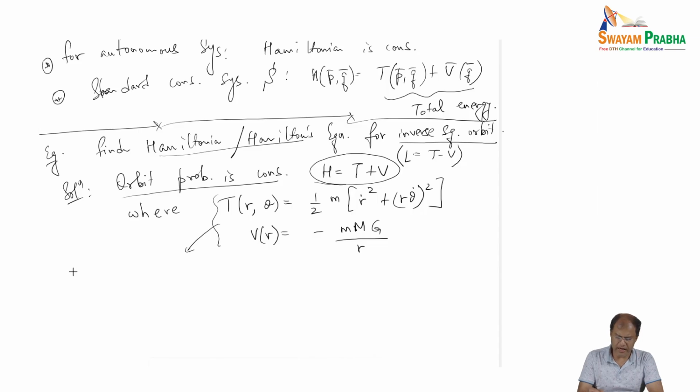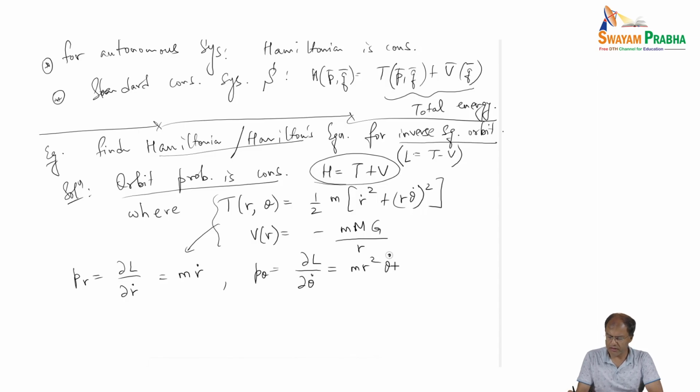And from here I can describe the conjugate momenta. P of r is partial L partial r dot, and we see that this is m r dot, and my P theta is partial L partial theta dot, and we expect that this is m r square theta dot, right? And again we can write down the Hamiltonian.